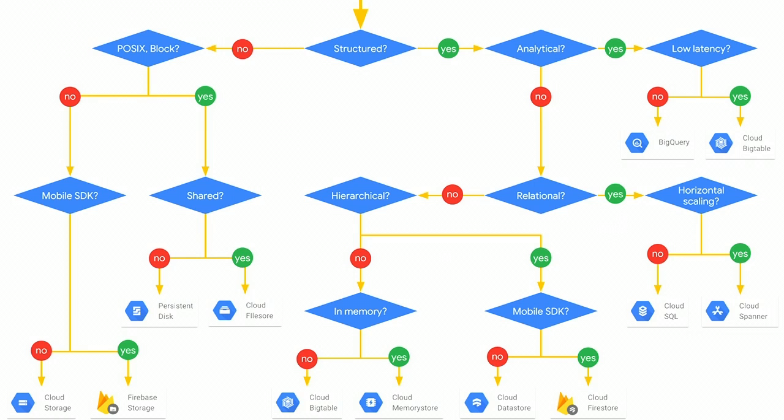I'll just leave this up on the screen as we wrap up. We've spoken about all of this today, and this is not the definitive answer. This is a guide, a decision tree to help you work out which storage to start looking at. You'll see, for example, Bigtable in multiple places. One of the questions I get asked about Bigtable and Spanner is, which one should I use?